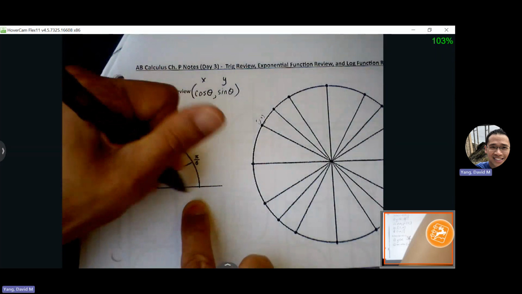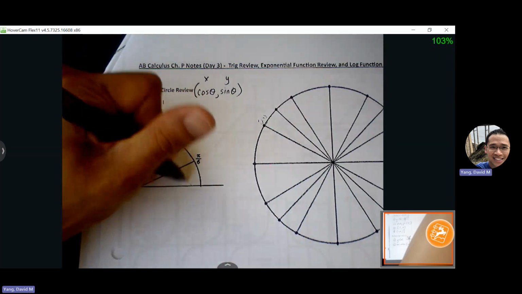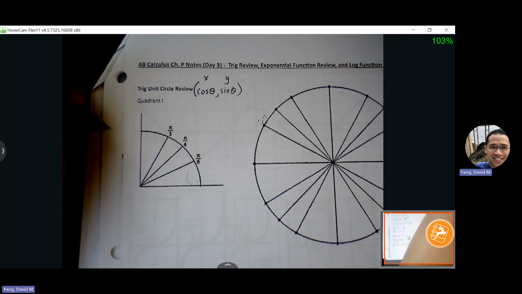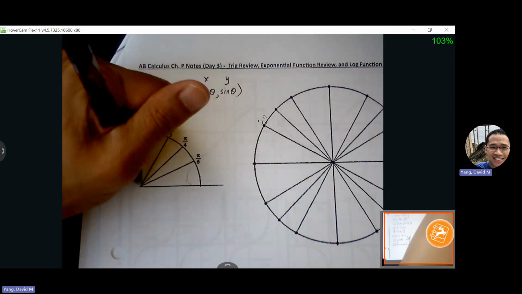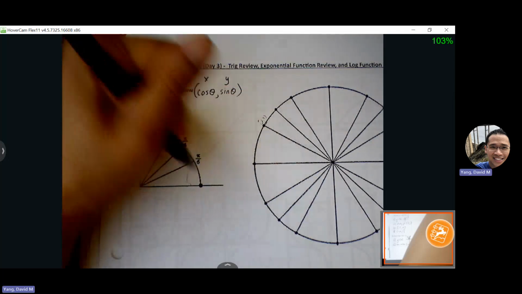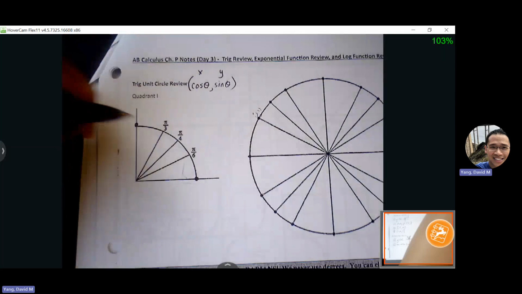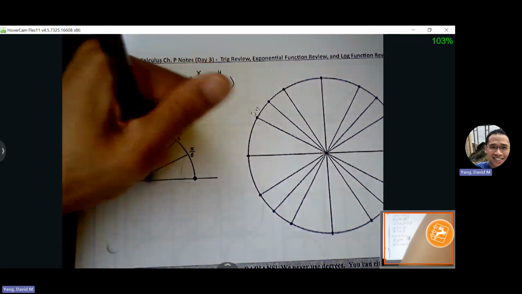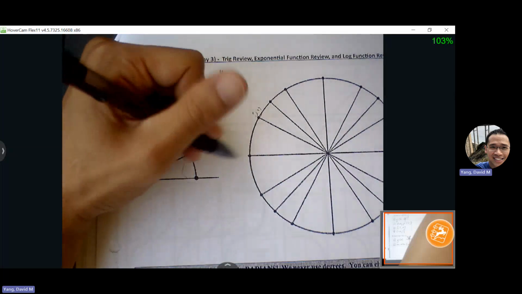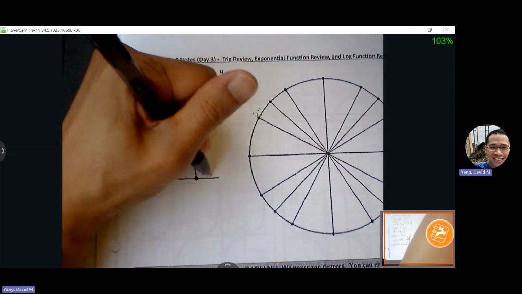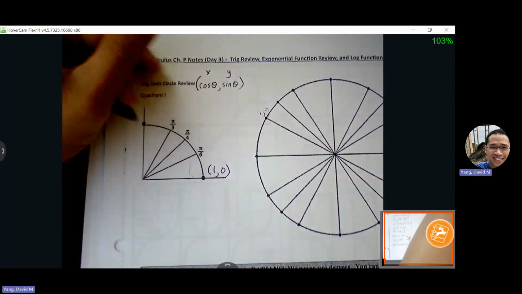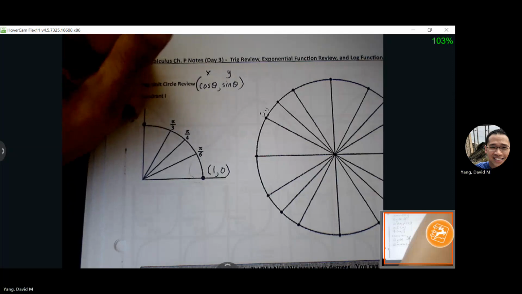Unit circle means that all of my radii are 1 unit away from my center. So these are easy ordered pairs: if I'm moving exactly on the x and y axis, then I'm exactly 1 unit away. So this ordered pair is (1, 0), and this ordered pair is (0, 1).